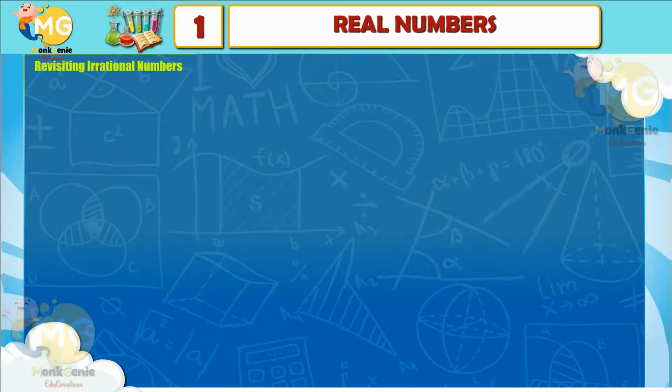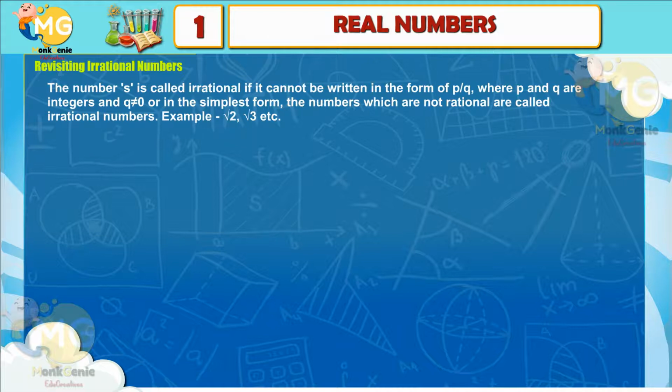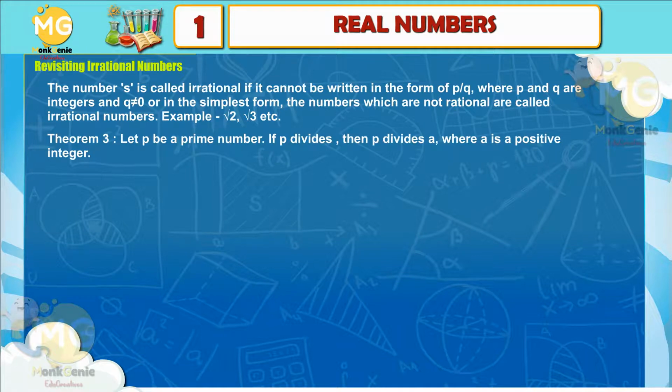Revisiting irrational numbers. A number s is called irrational if it cannot be written in the form p over q, where p and q are integers and q is not equal to 0, or in the simplest form. The numbers which are not rational are called irrational numbers. Example, under root 2, under root 3, etc. Theorem 3.